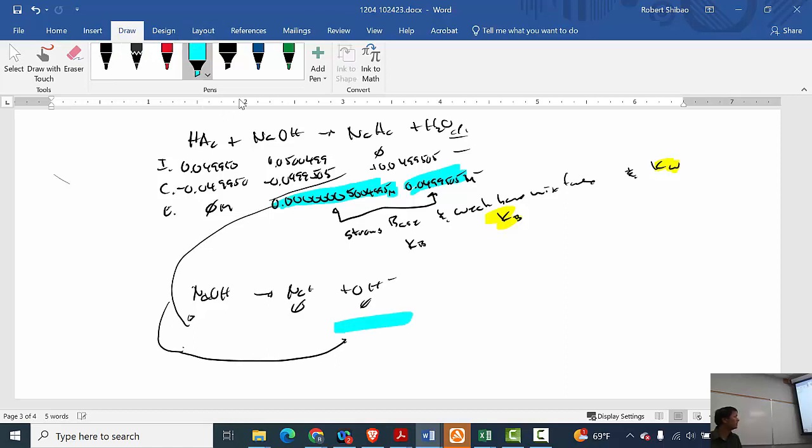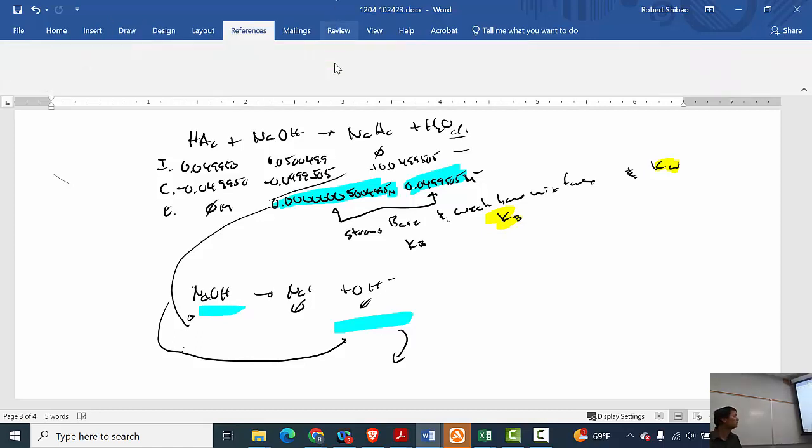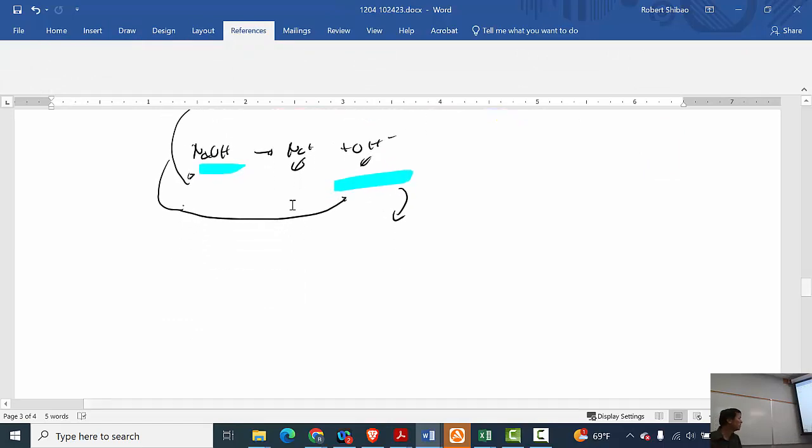And then I'll put it into the weak base Kb. You could just do this in your head. You don't have to show me this. I would have just gone straight to the Kb, saving myself a step.